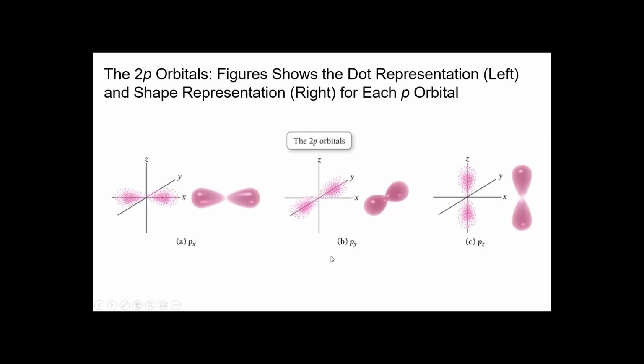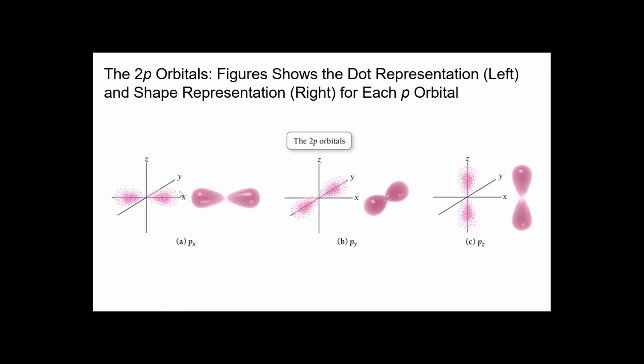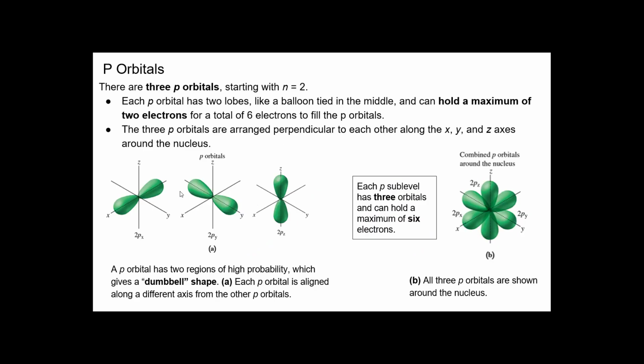What they represent is one orbital on the x-axis, one on the y-axis, and one on the z-axis. That's where the px, py, and pz come from. They're all facing a different axis.